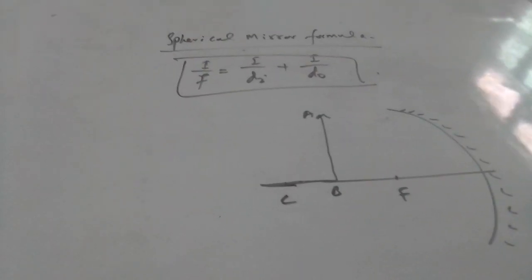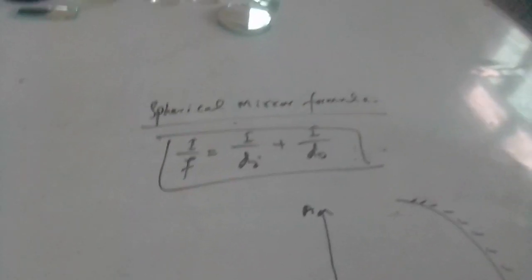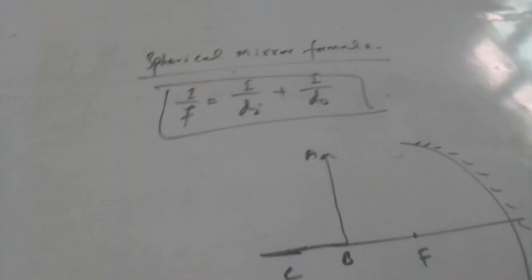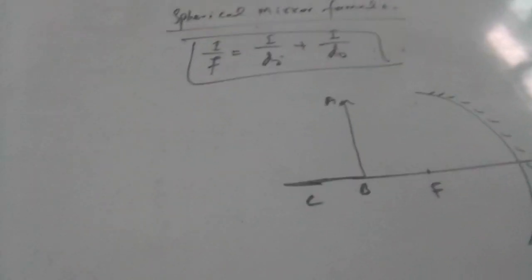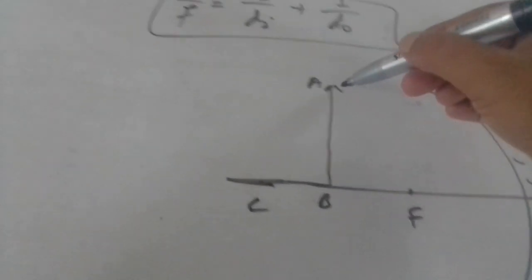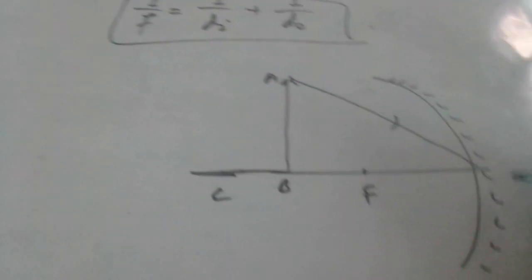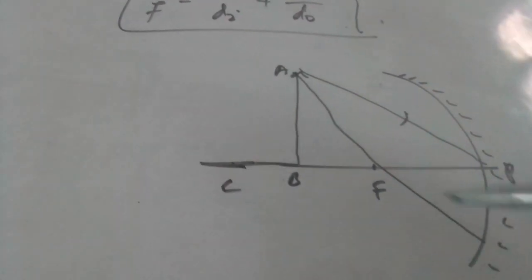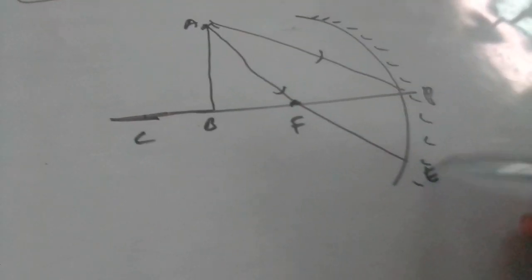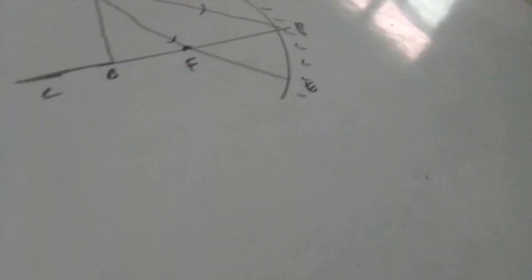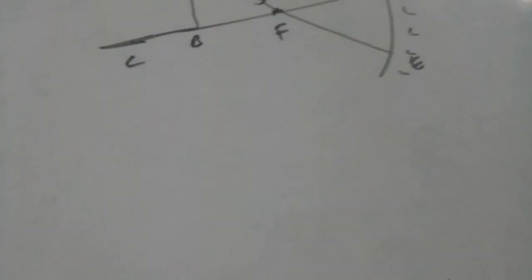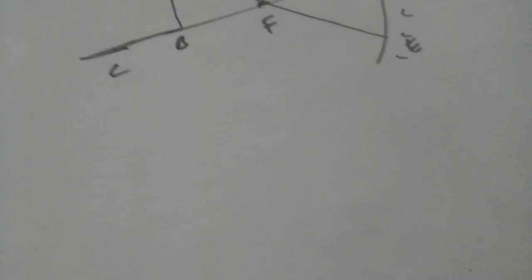Two rays, let's say AP and AE, are incident on the concave mirror. Let's say this point is called the P point, and this point is called the E point. AP and AE are incident on the concave mirror as shown in the figure and are reflected, obeying the laws of reflection.